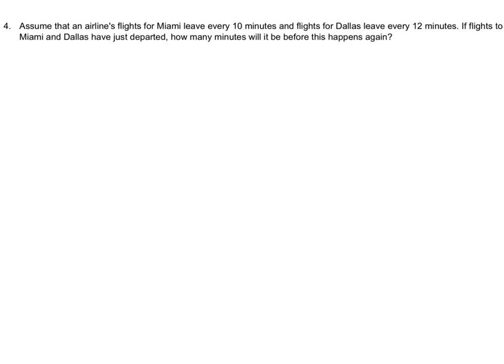Here we have 2 different times, 10 minutes and 12 minutes. We need to make them larger to have equal amounts. Since we're making these values larger, in order to find the equal amount, we're going to find the LCM.